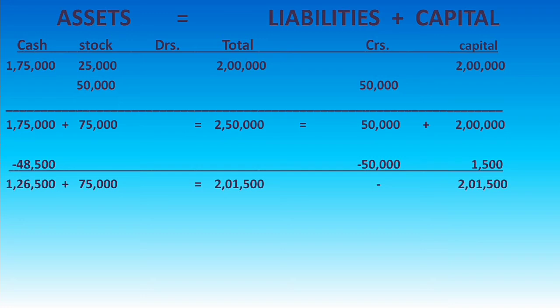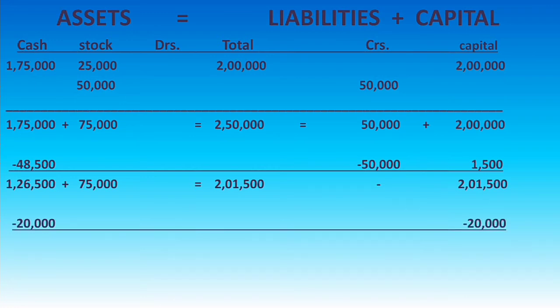Here also total of assets is equal to liability plus capital. Now the next one. Cash withdrawn for personal use. That is drawings. Drawings reduces capital. Then we can deduct 20,000 from capital, then minus 20,000 in the capital column. Here cash withdrawn, so cash balance also reduced.